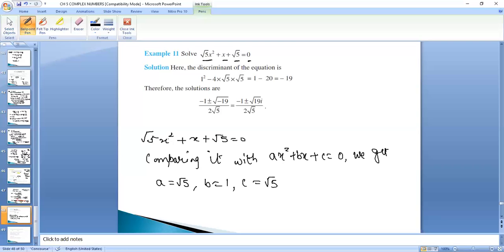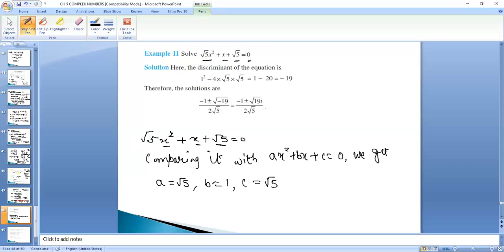It is not like the first term is a, the second term is b, the third term is c. No. The coefficient of x square is a, the coefficient of x is b, and the constant term is c. Okay, you have to write the terms in sequence: first x square term, then x term, then constant.